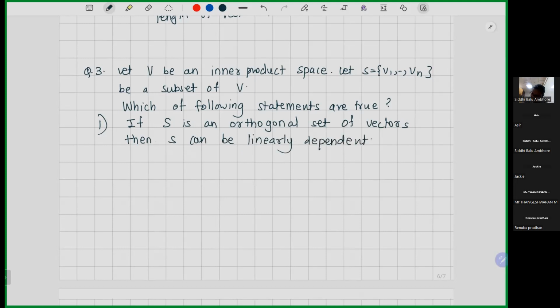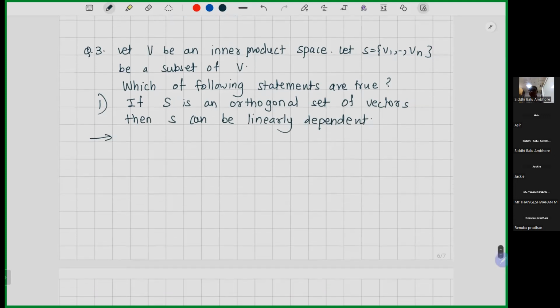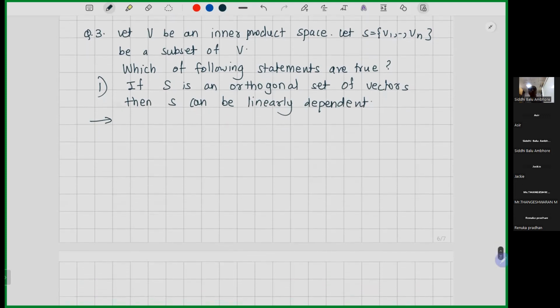So they are asking that if S is an orthogonal set, is there any possibility that S could be a linearly dependent set? What is your guess? Is it possible for an orthogonal set to be a linearly dependent set?